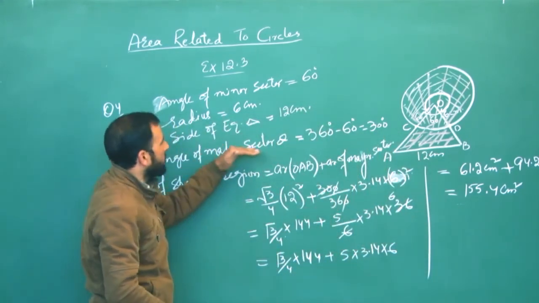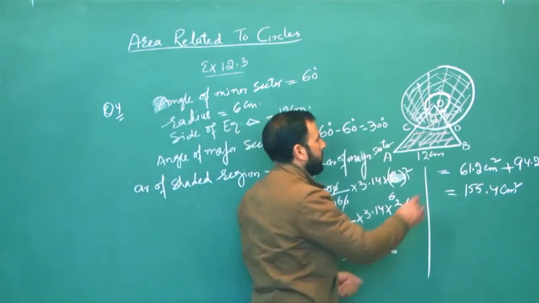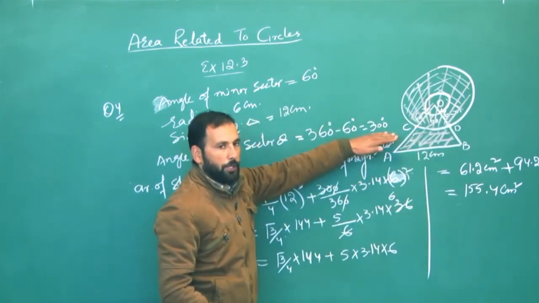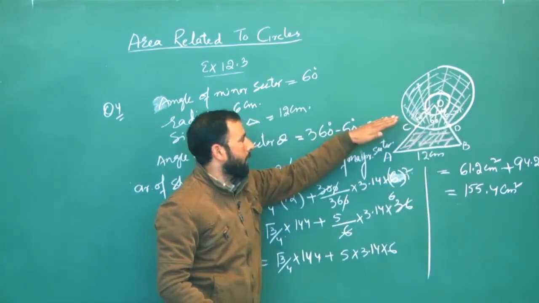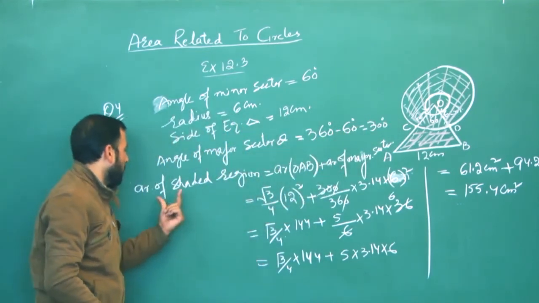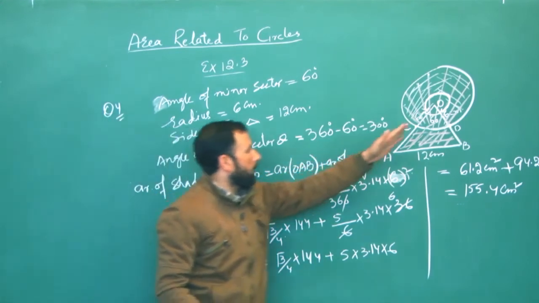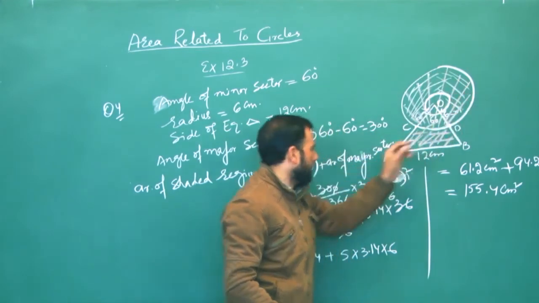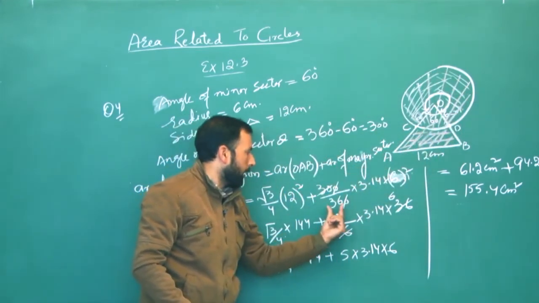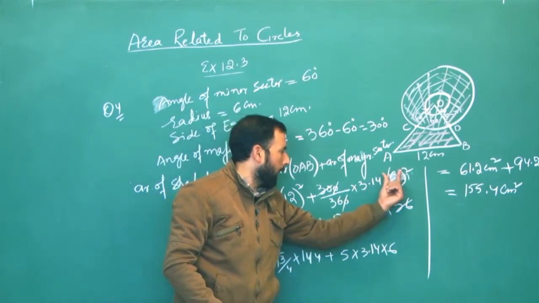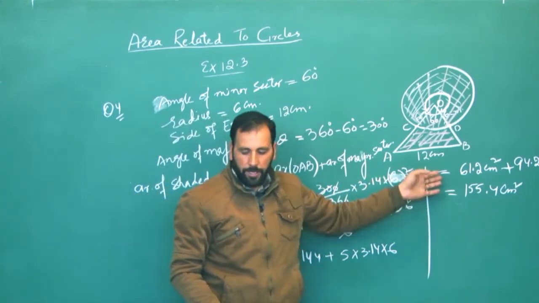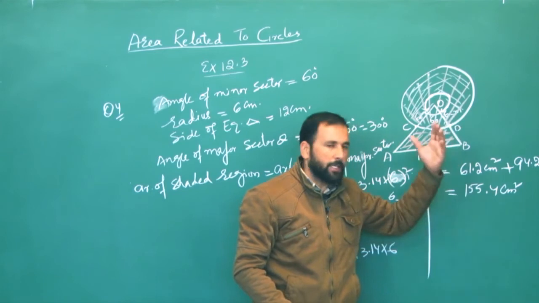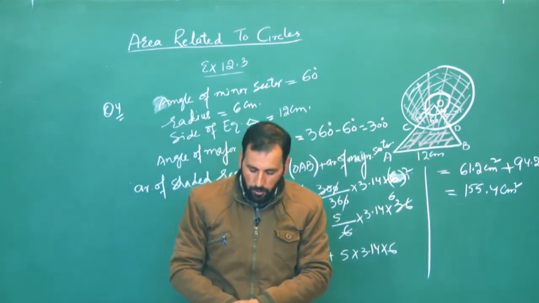So the angle of the major sector is 360, the complete angle, minus 60 degrees, that equals 300 degrees. Now the area of the shaded region can be calculated by the area of the equilateral triangle OAB plus the area of the major sector. The area of a major sector is theta divided by 360 into pi r square. After calculating, we get 155.4 square centimeter as the area of the shaded region.